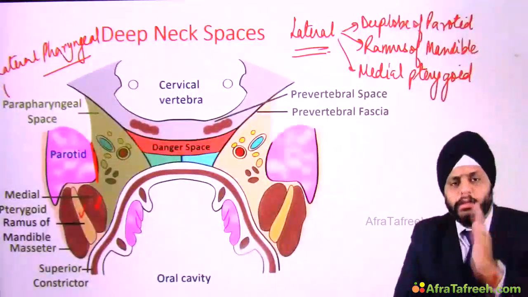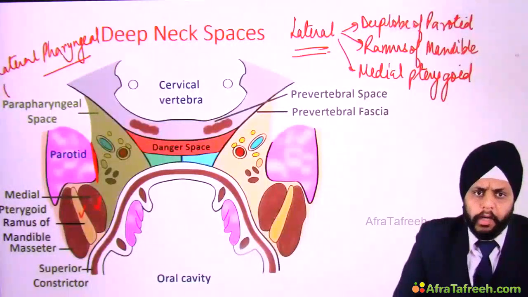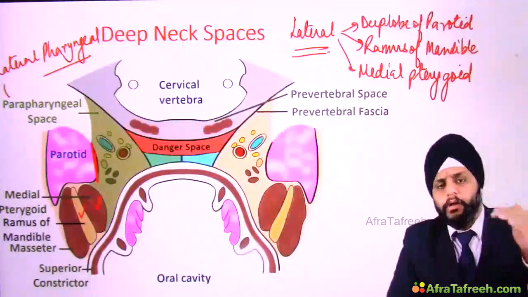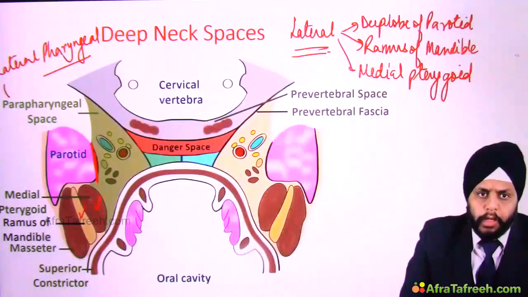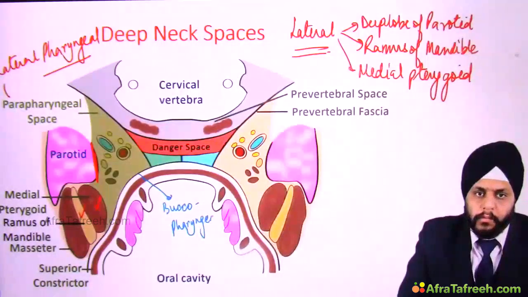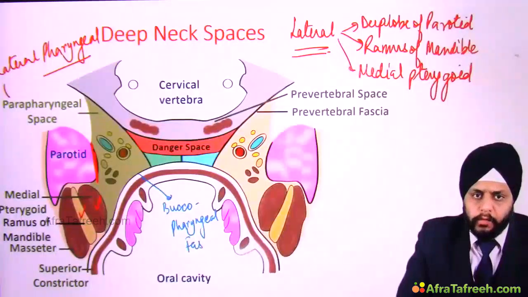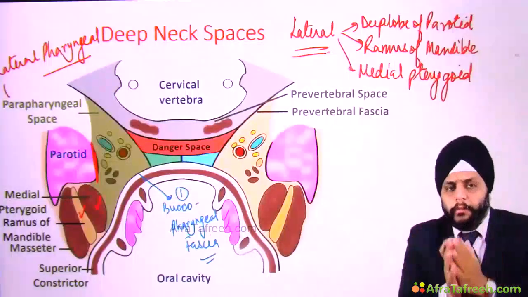Now what's there on the medial boundary? On the medial boundary you can see that there is the buccopharyngeal fascia. Right? Clear? That is quite evident. Anything else? This buccopharyngeal fascia is supported by what?